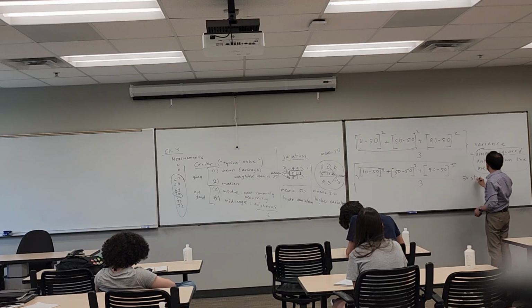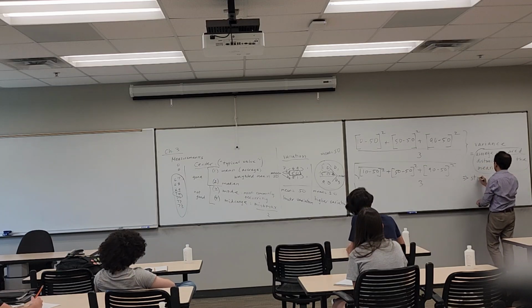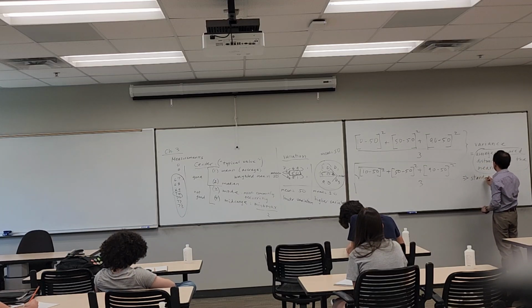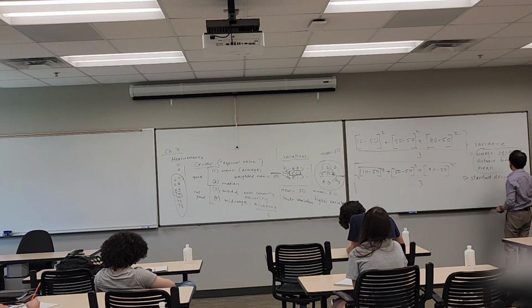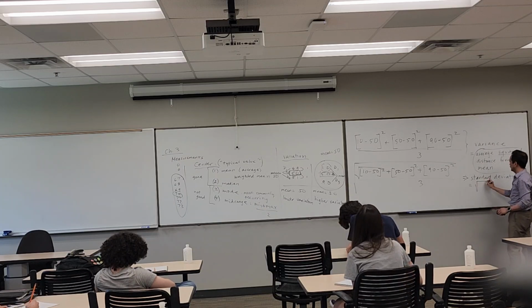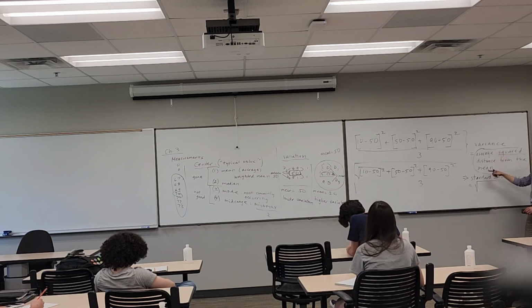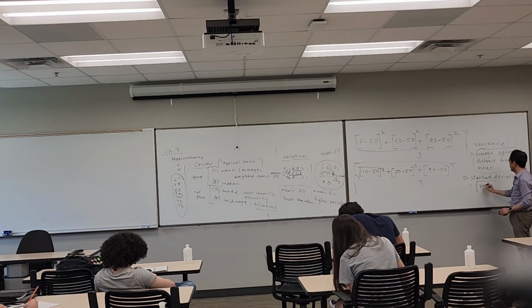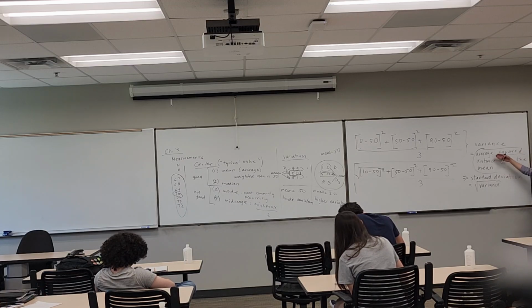And this is the standard deviation. The standard deviation is equal to the square root of what we did before, which is the square root of the variance, which is the square root of the average square distance from the mean.